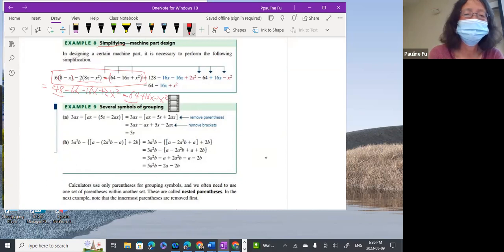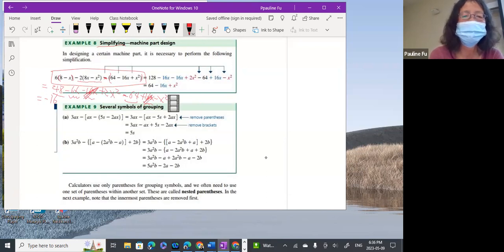Anyone? Thank you. Negative 16. And then negative 6x, negative 16x, positive 16x, actually positive 16x and negative 16x cancel out.